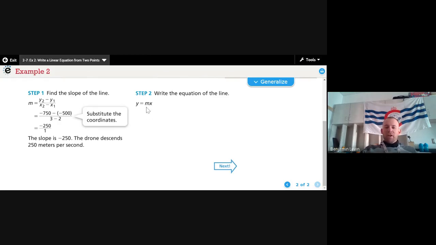So we just need to plug the slope into the m spot. All you've got to do is change the m to what your slope was. That's what they did. Y equals negative 250 times x. And we know that two things next to each other that don't have a sign represent times, right? Multiplication. So that's it. Y equals negative 250x.